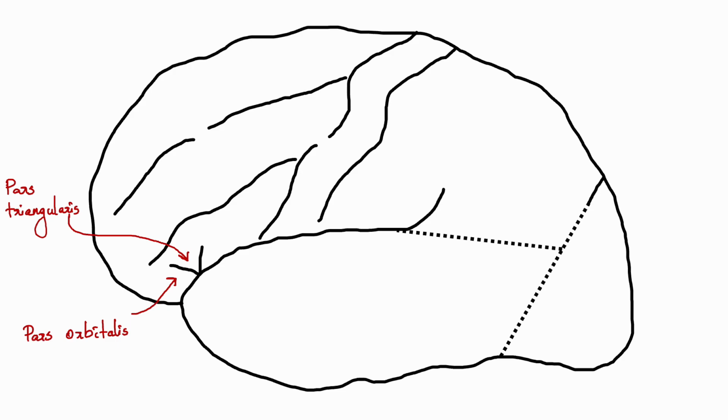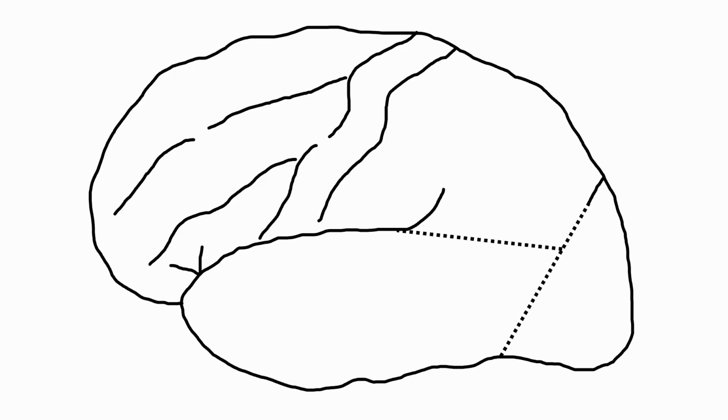And the region posterior to the anterior ascending ramus, this area, is known as pars opercularis. Thereby, we are completing the major sulci and gyri on the frontal lobe of the superolateral surface of the cerebral hemisphere.